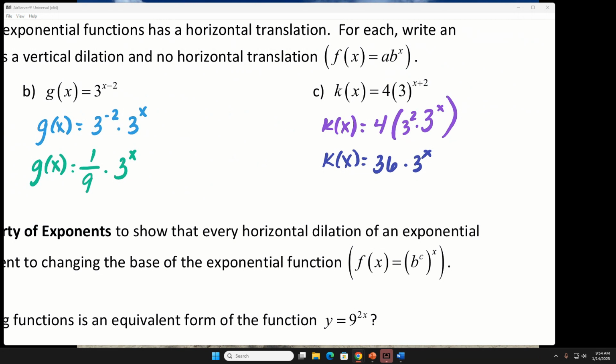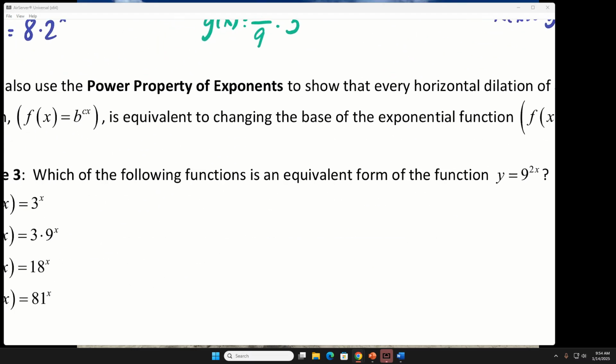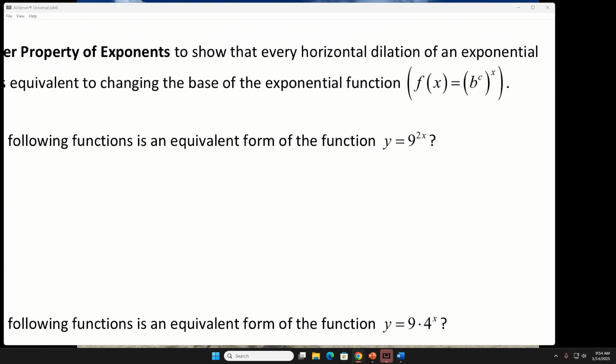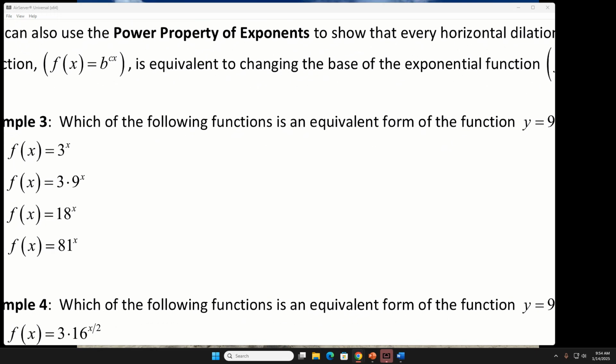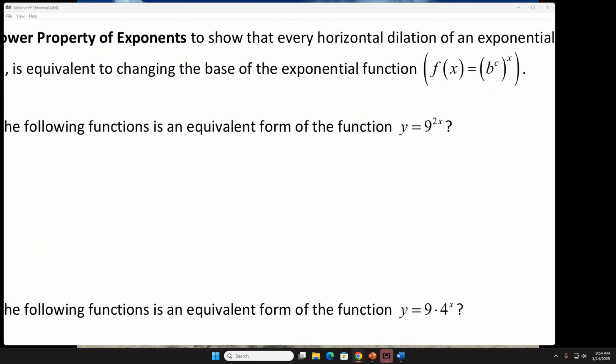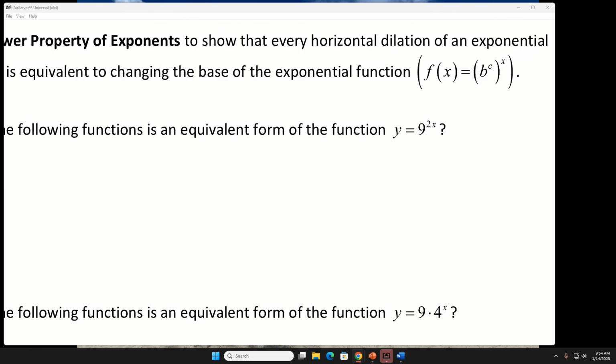Okay, so on the next group of problems, we have a horizontal dilation, and we're going to rewrite it so we actually change the base to something else. And to do that, you use the power property in reverse.